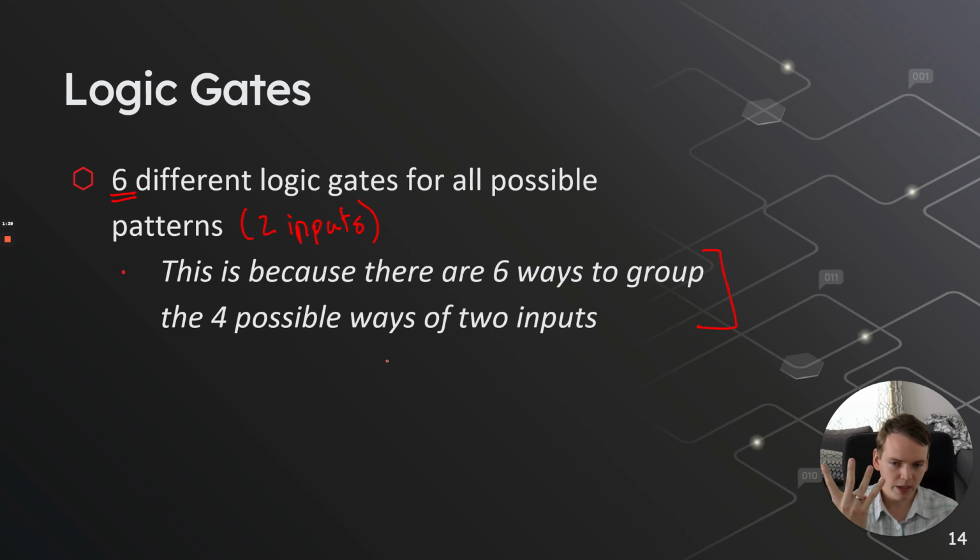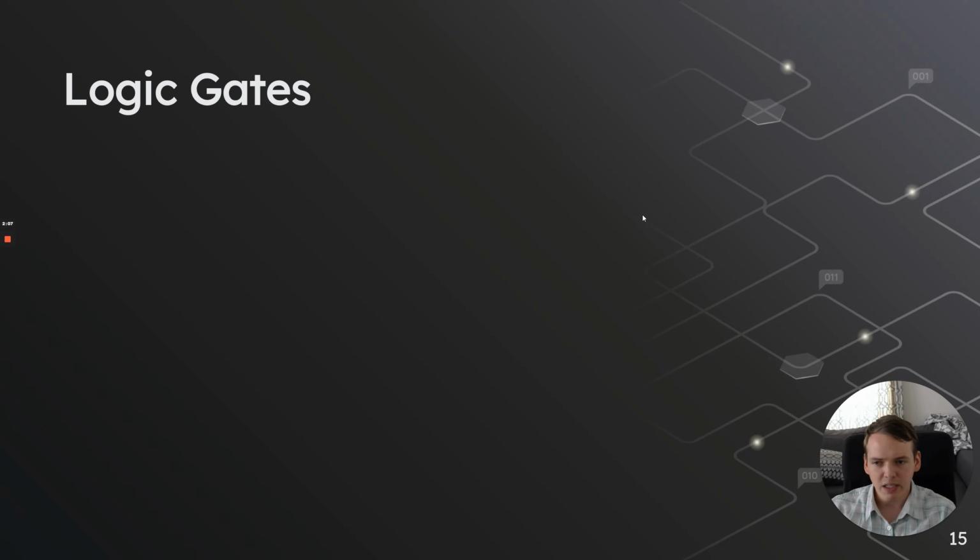So there are 4 combinations of 2 inputs of 0s and 1s. And then if you look at how many ways you can group these together, there are 6 ways. Again, that's not super important, but if you're wondering why there are 6 logic gates, it's a math combination thing.